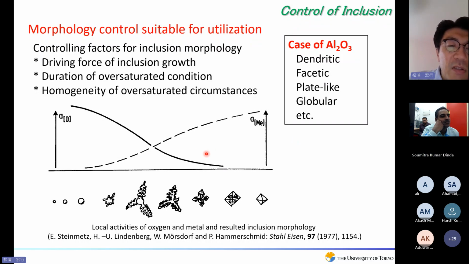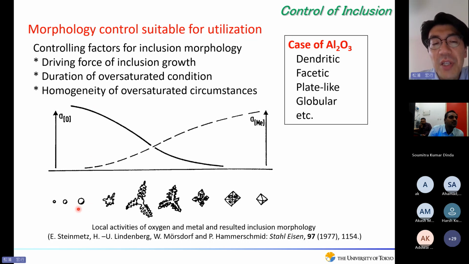Actually, firstly, when the activity of oxygen is quite high, which roughly means that the oxygen concentration around the inclusion is high, then, as I mentioned, since oxygen is a surface active element, most of the oxygen accumulates on the interface between the oxide and molten steel. And then the interfacial tension is quite low.